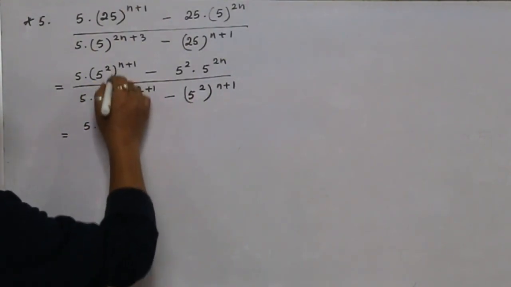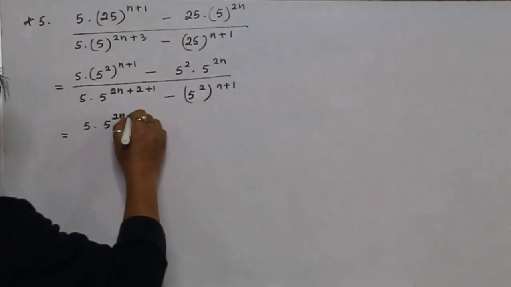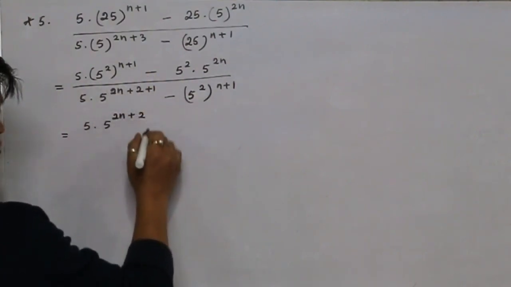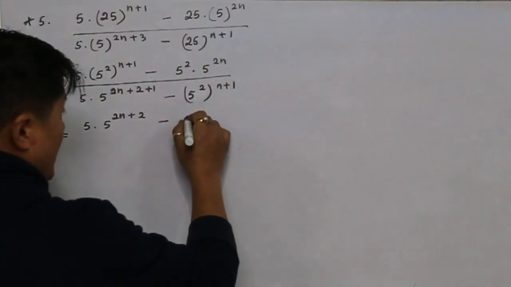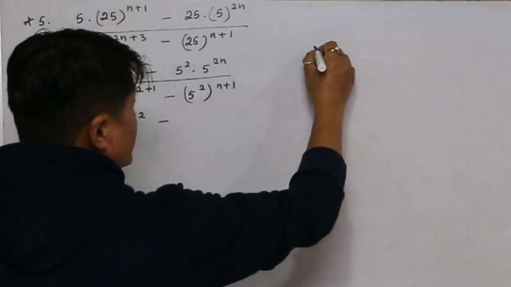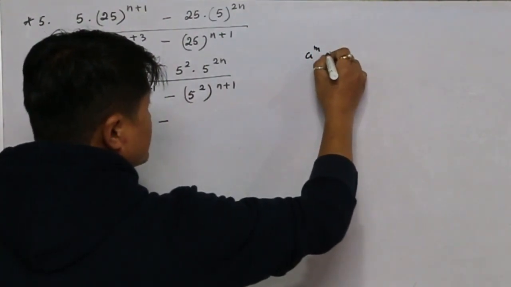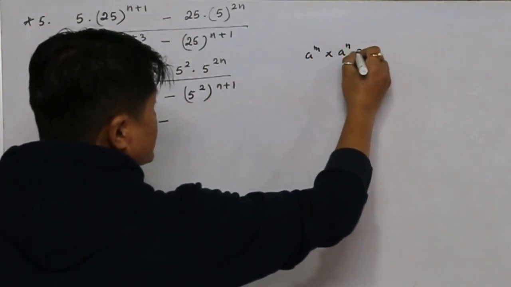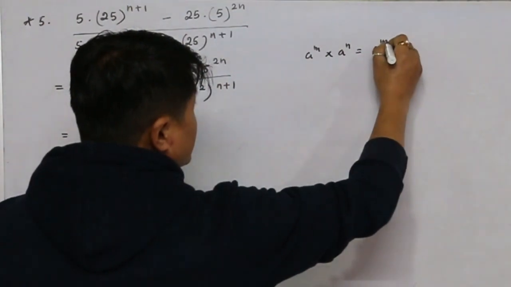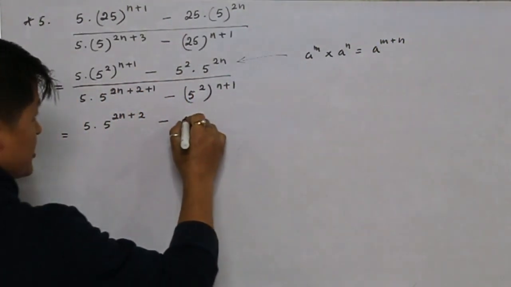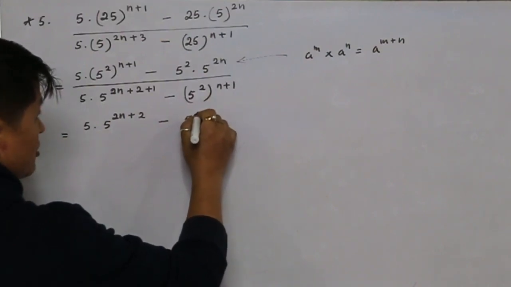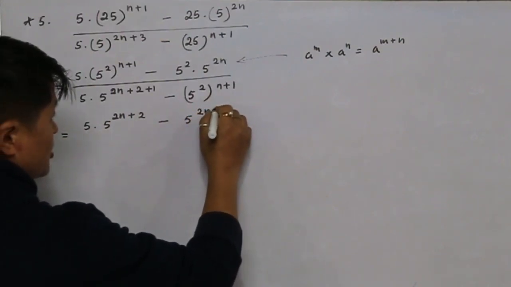5 to the power 2n plus 2, 1 are 2, minus. When like terms are multiplied, powers are added. So a to the power m into a to the power n is equal to a to the power m plus n. This rule we use here. So this will be 5 to the power 2n plus 2.